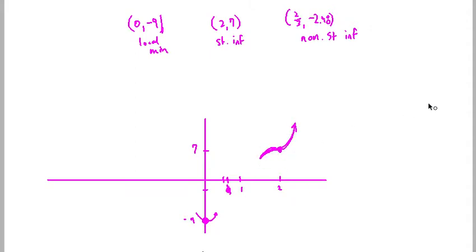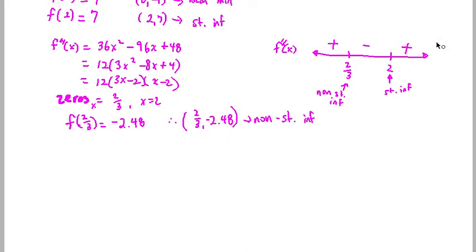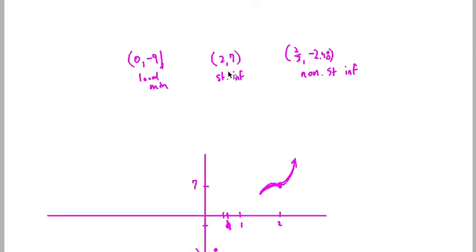That's how I know from this graph what the concavity is going to look like. Here we said that this was positive, so it's concave up on this side and concave down on this side. So there's a point of inflection here, and this is going to look something like that, and this something like that.